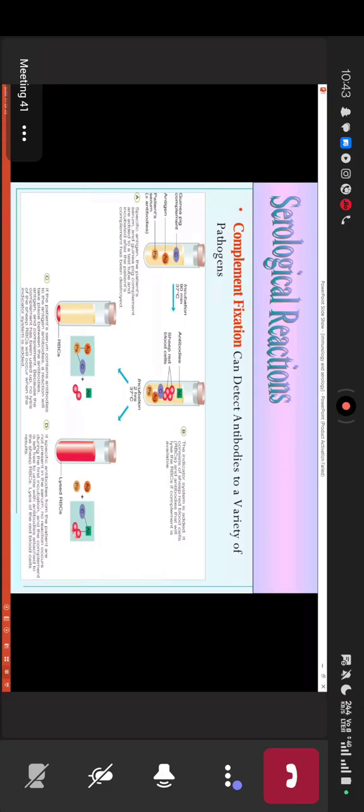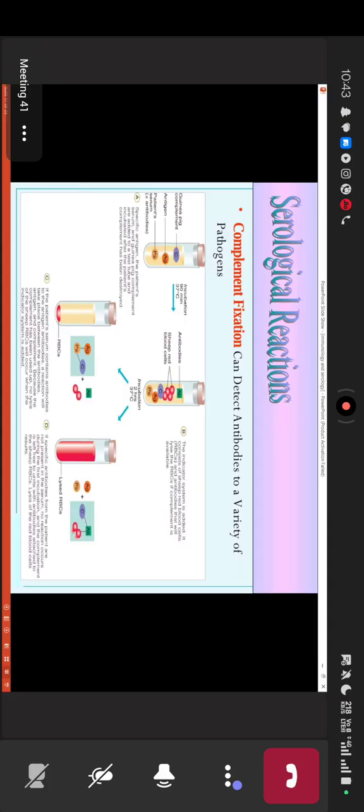So further there are two cases. Case 1, which is your test tube C, and case 2, which is your test tube D. In case 1, antigen and patient serum combine with each other and fix the complement, right?